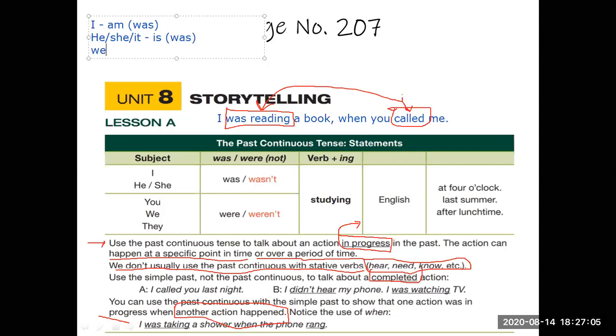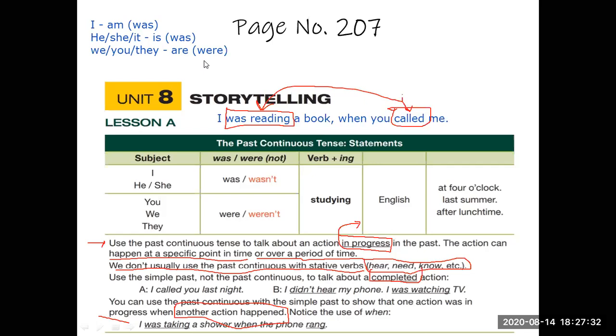And for we, you, they, you are going to use were. This is the only change you are going to make when using the past continuous, past progressive. That is the only thing.